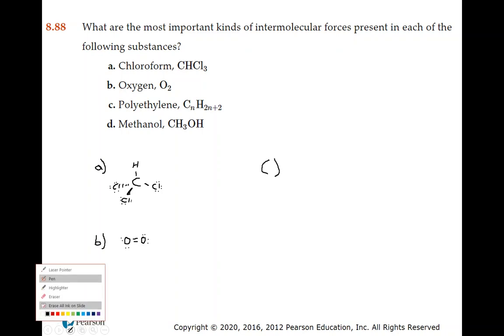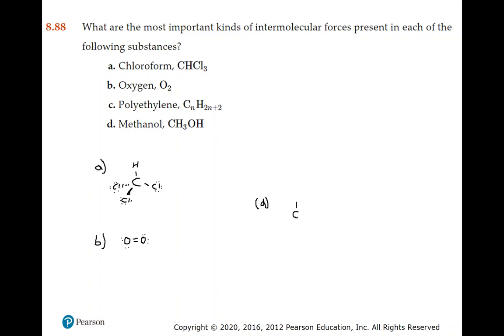It's probably not worth drawing that because it's a polymer, which means that it consists of chains of hydrocarbons that are essentially infinitely long, so we'll kind of come back to that as we discuss that. And then for D, methanol, we have a carbon attached to 3 hydrogens and an oxygen, and that oxygen is also bonded to a hydrogen.